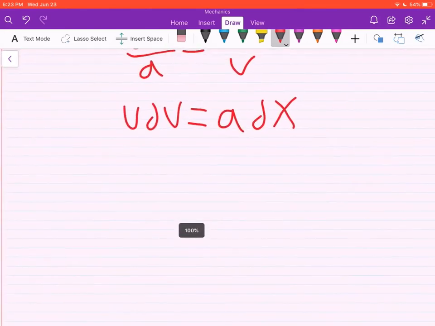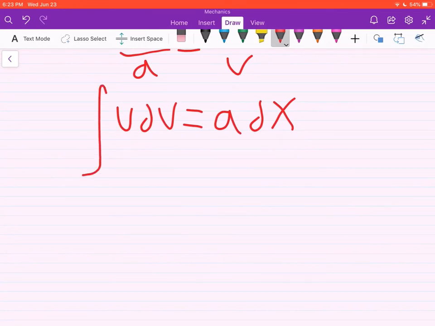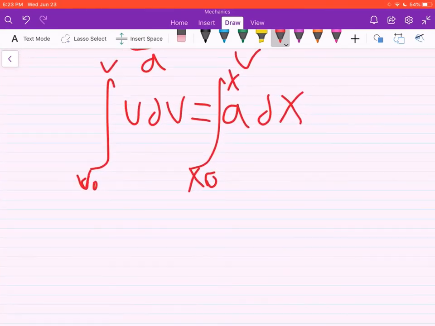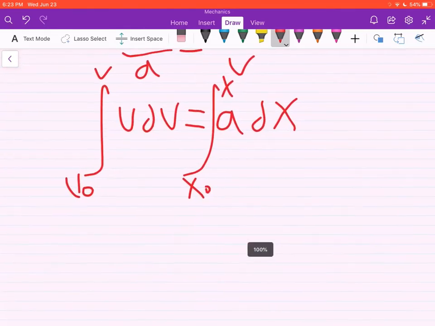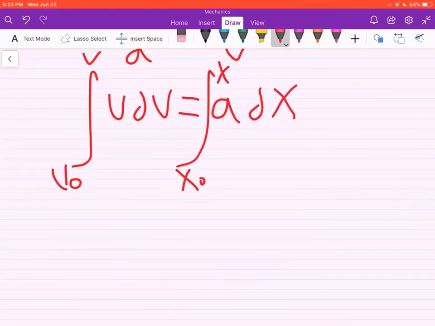And now we can integrate. For v we go from v0 to v, and for x we go from x0 to x.